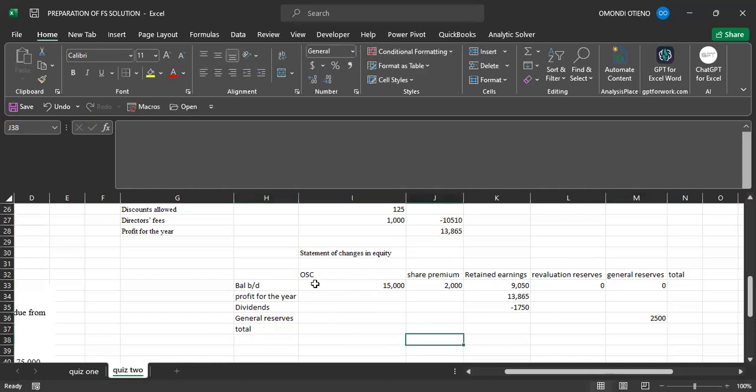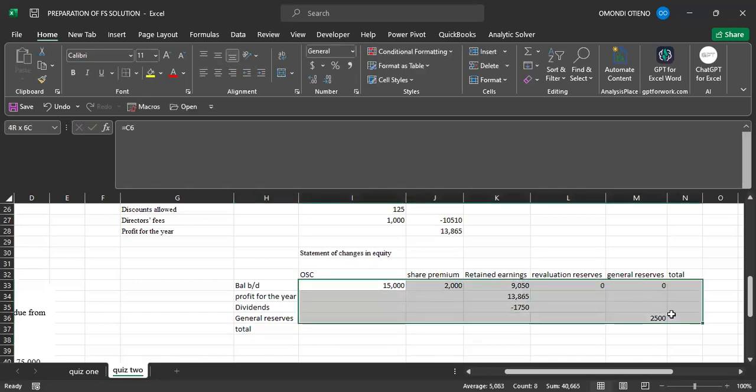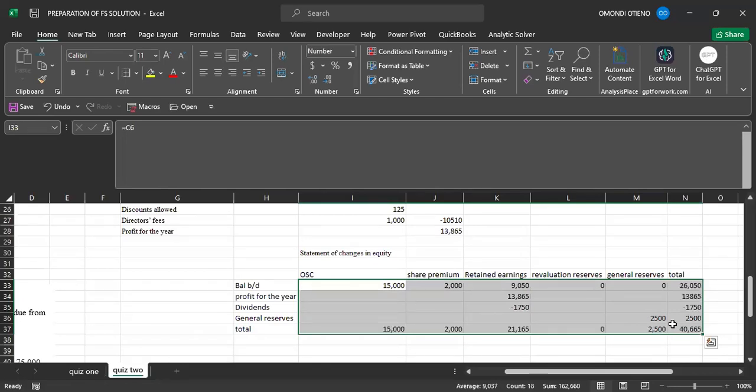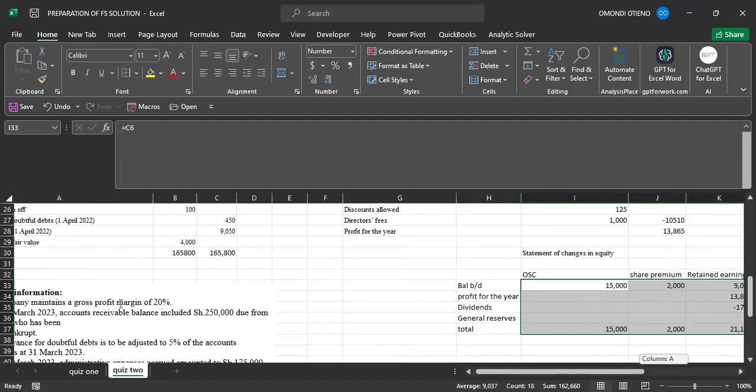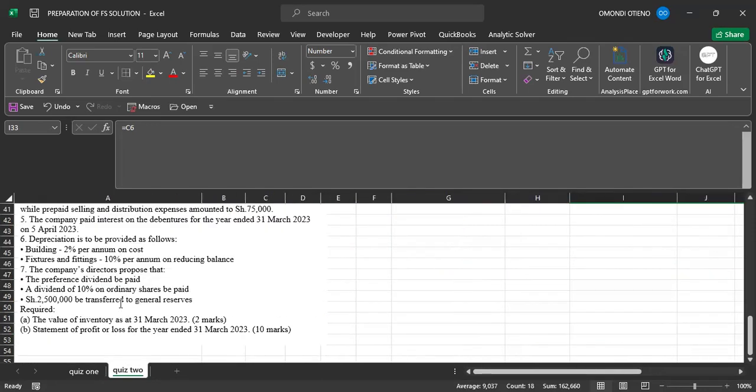The simplest way is to highlight everything here, then press Alt equal. We have two types of dividends: one for preference share capital and one for ordinary share capital.